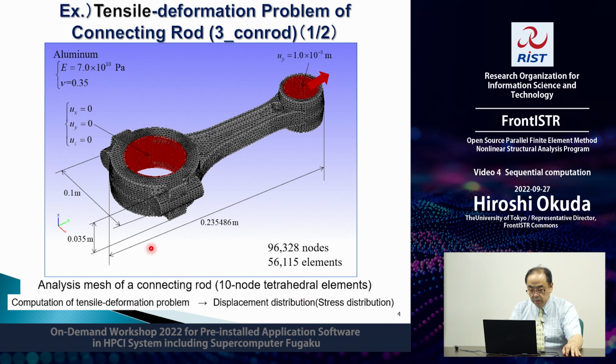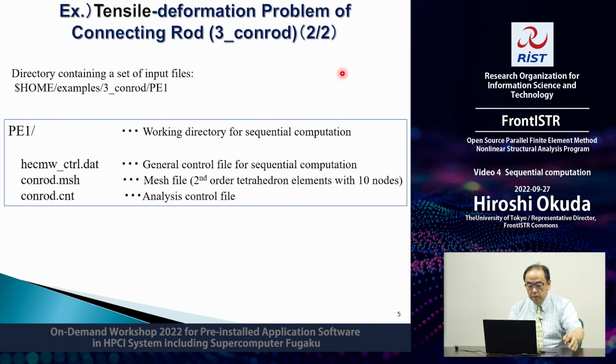Okay. So what we are going to do is to obtain the displacement or stress distribution once you are given the stretch in these directions. This is a typical situation when you run FrontISTR on a certain Unix system. You have your home directory and you set subdirectories, for example, examples and conrod.